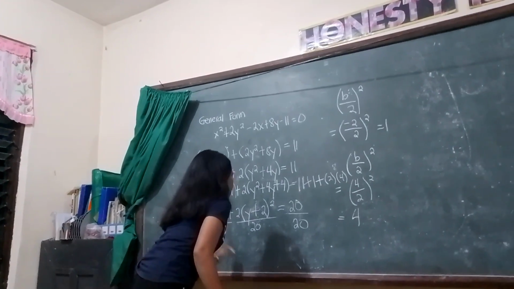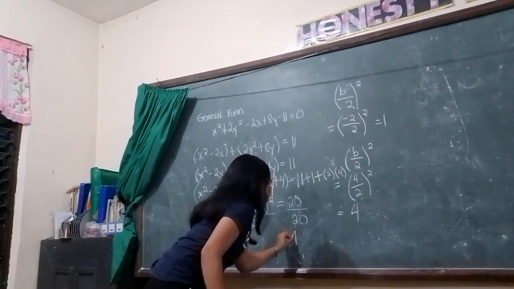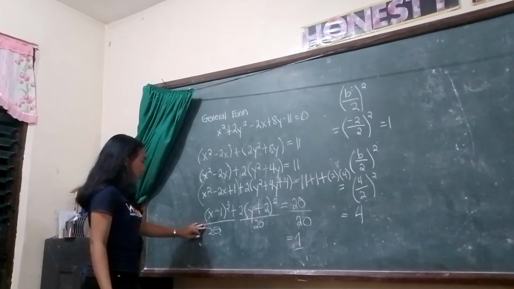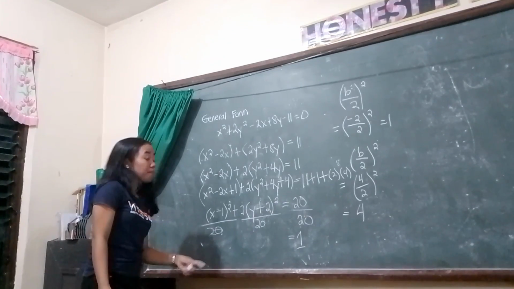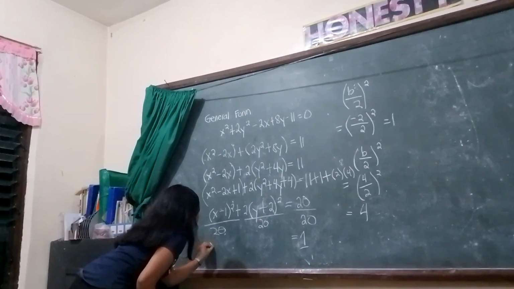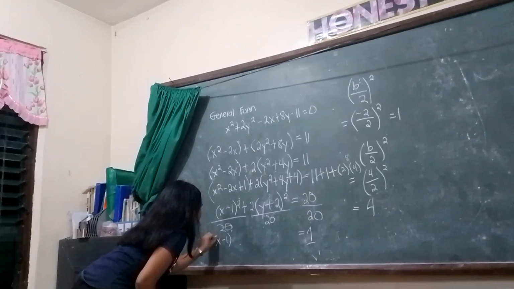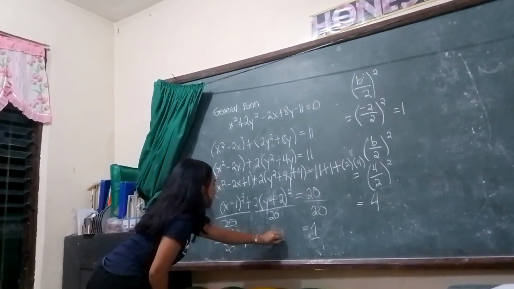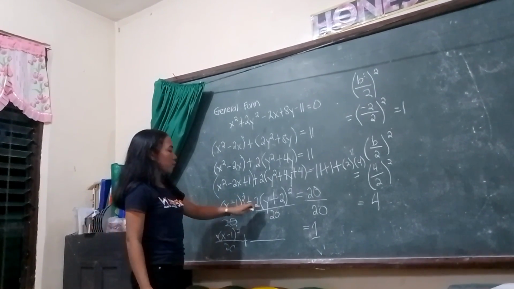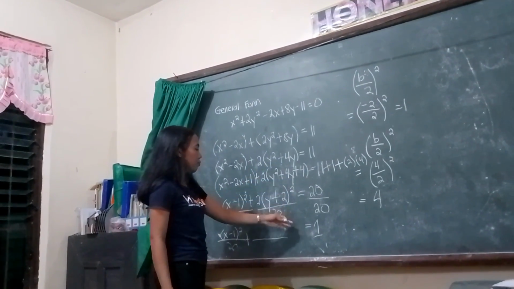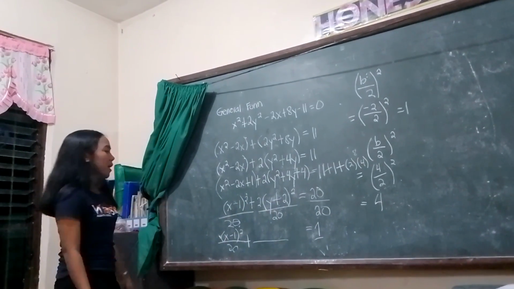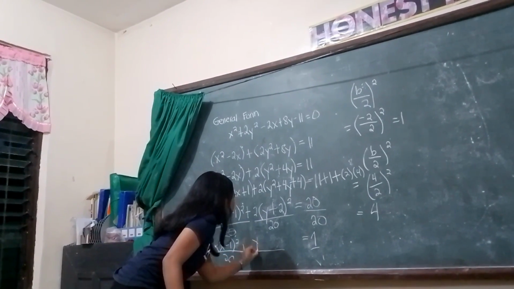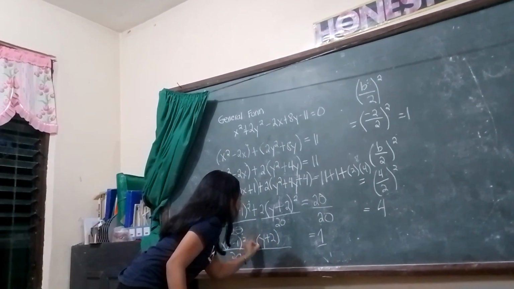So we have equal to 1. And (x minus 1) squared all over 20, since we cannot simplify it to the lowest term, so therefore we have (x minus 1) squared all over 20 plus 2 times the quantity (y plus 2) raised to the power of 2 all over 20. Since we can simplify it to its lowest term, we have (y plus 2) squared.